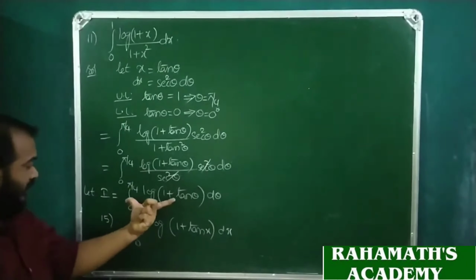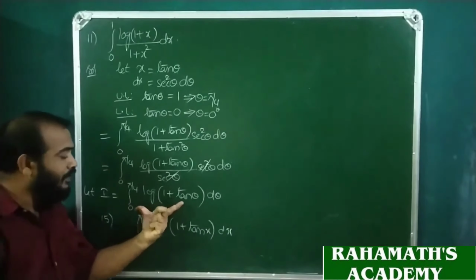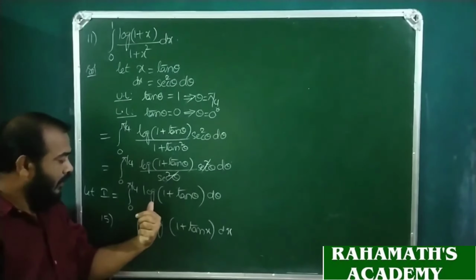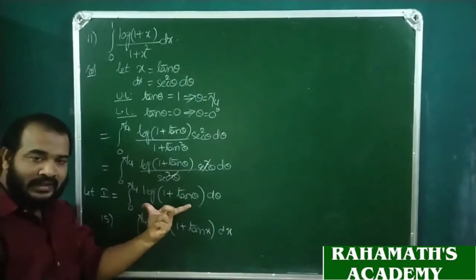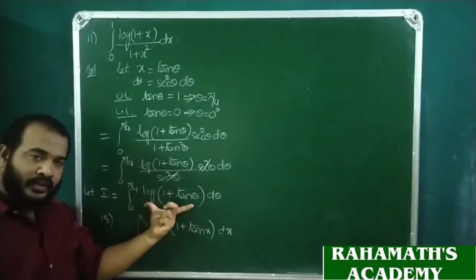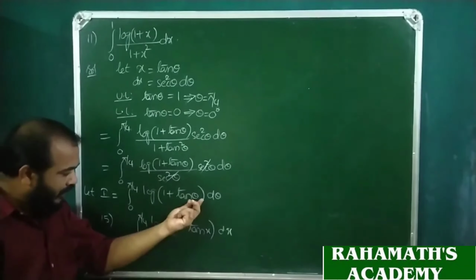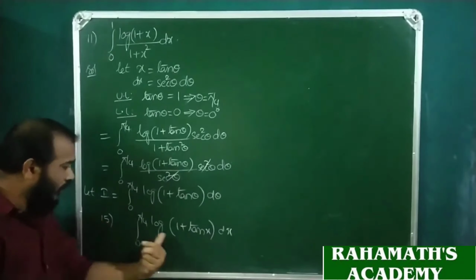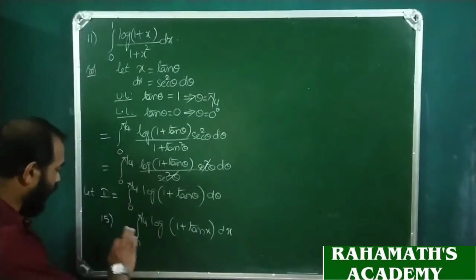Since the ultimate value of the definite integral is f(b) minus f(a), upper limit minus lower limit, it is independent of the variable of integration. There is no change if it is theta or x.